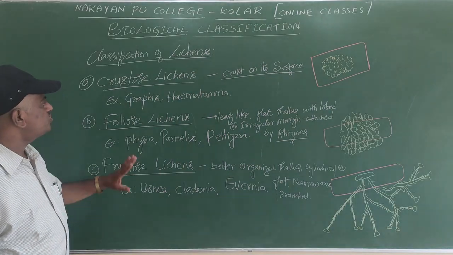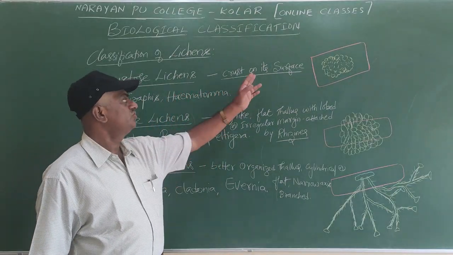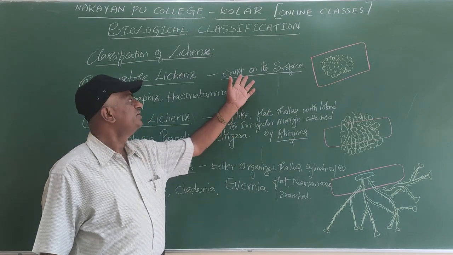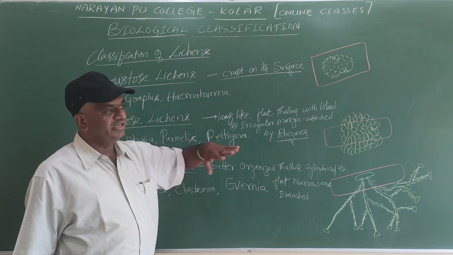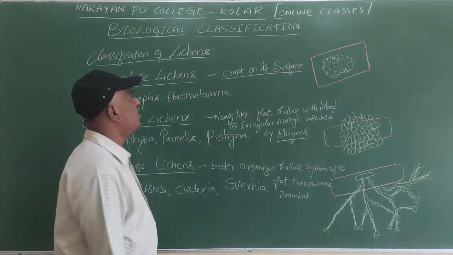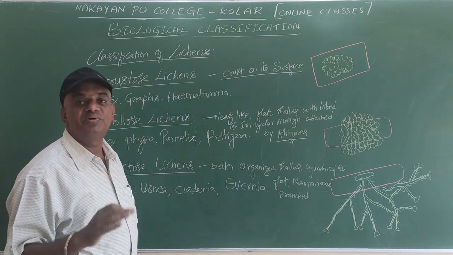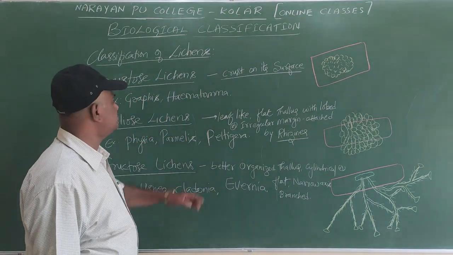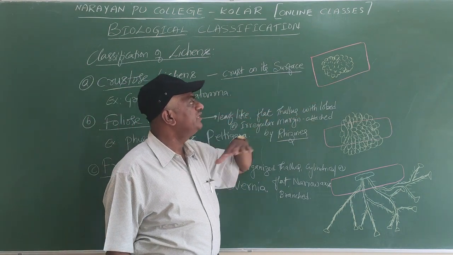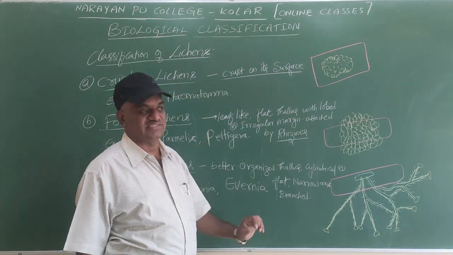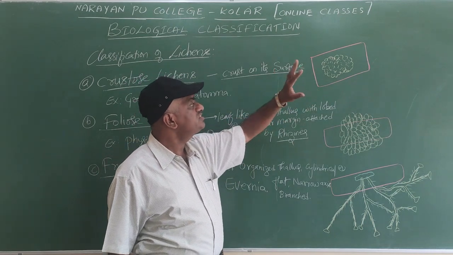Crustose lichens always form a crust on the surface. They are present on rocky surfaces or on tree trunks, where they form a crust, usually on the upper surface. They keep on growing and creeping, and they are firmly attached. It looks like rust, but here they are present on the surface.